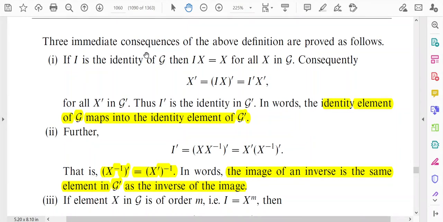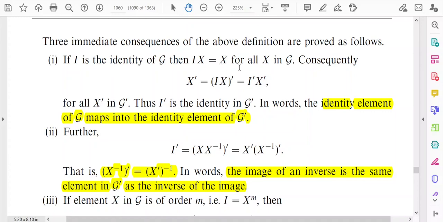Three immediate consequences of the above definition are proved as follows. So we can prove some consequences of the homomorphism. If I is the identity of G, then Ix is equal to x for all x in G. We know this property of the identity element, that if we multiply I with any element, it will give the original element.